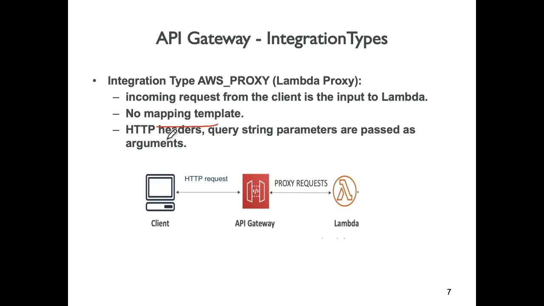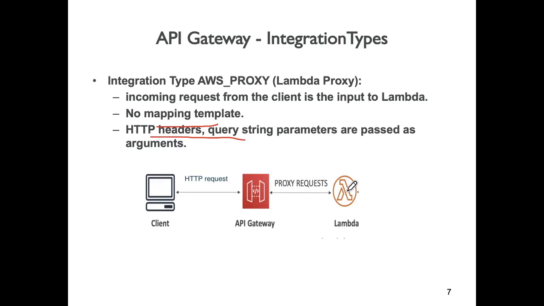The other important point is down here, where I'm saying HTTP headers and query strings. The request that comes in from your client quite often does include HTTP headers, and we want to make those headers available to our Lambda. What API Gateway does is package that HTTP header information as parameters of the event that is made available to your Lambda.